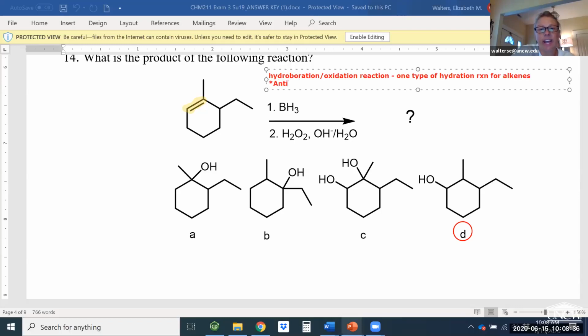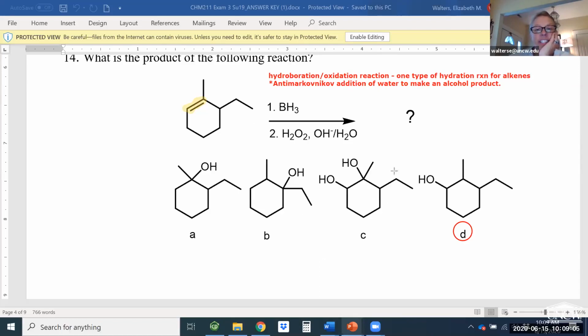It's the anti-Markovnikov addition of water to make an alcohol. Then come down and look at your answer selections.